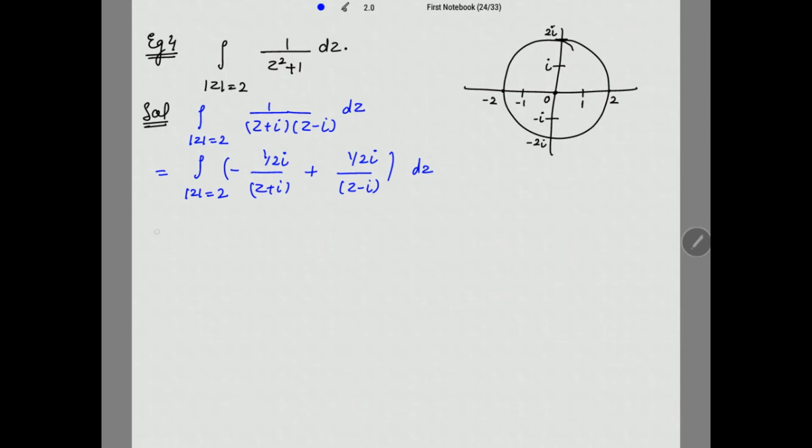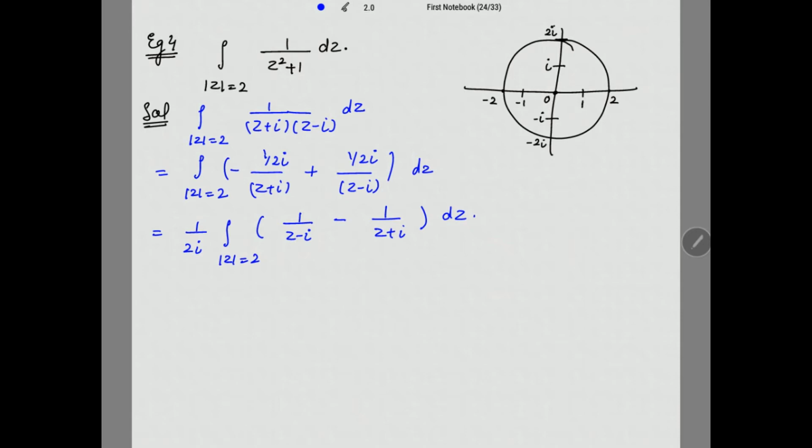Fine. Next, this is equal to taking 1 over 2i outside, 1 over 2i, integral over |z| = 2. I'm writing the second one first, then 1 over (z + i).